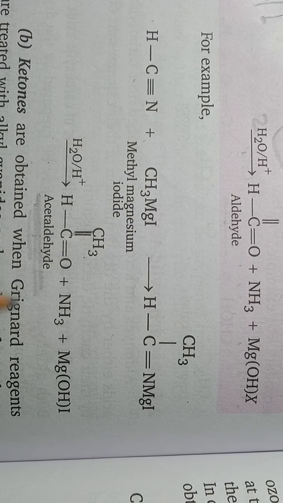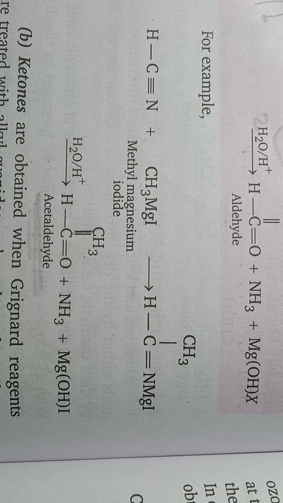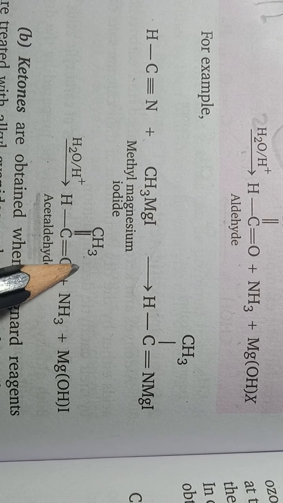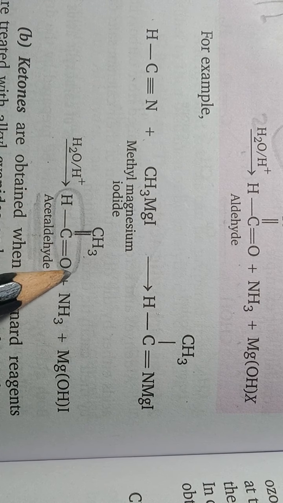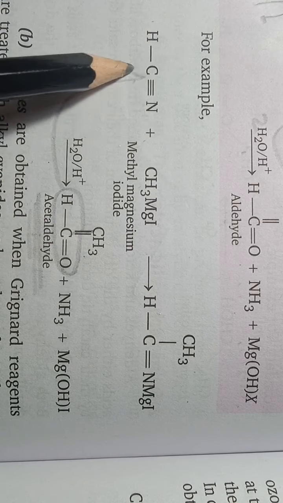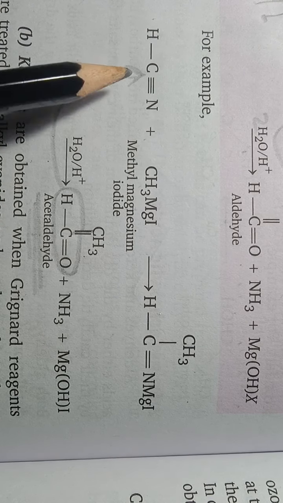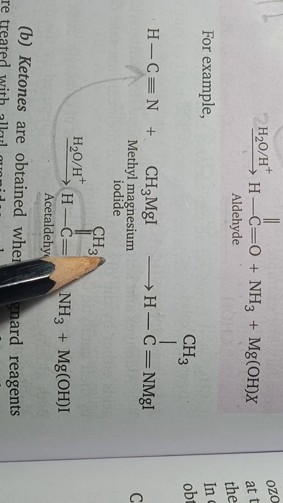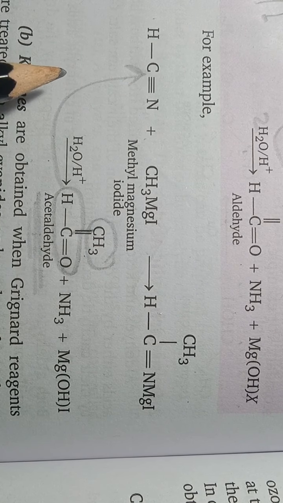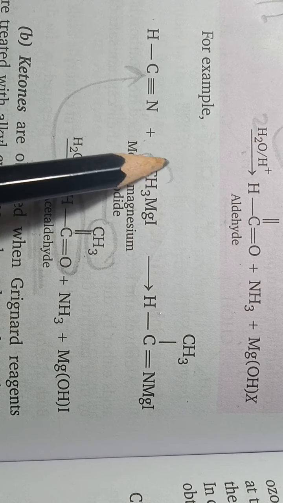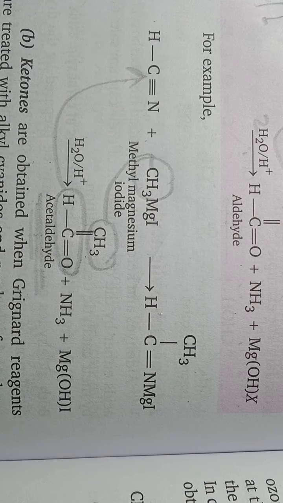Okay, so with the help of this reaction you can see that in all the aldehyde, this aldehydic group is coming from HCN. This aldehydic group is coming from this HCN, and the left alkyl part is coming from related Grignard reagent.